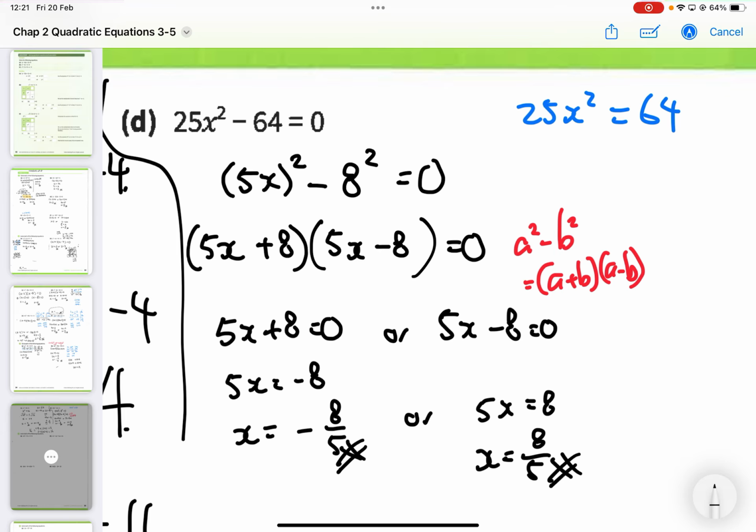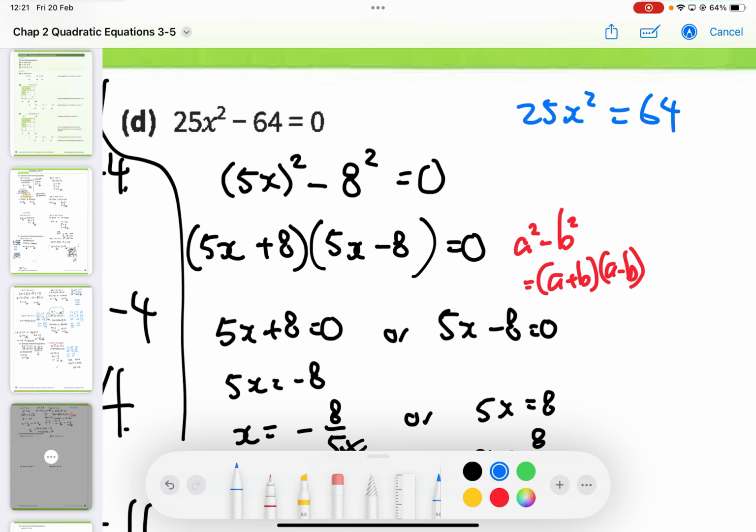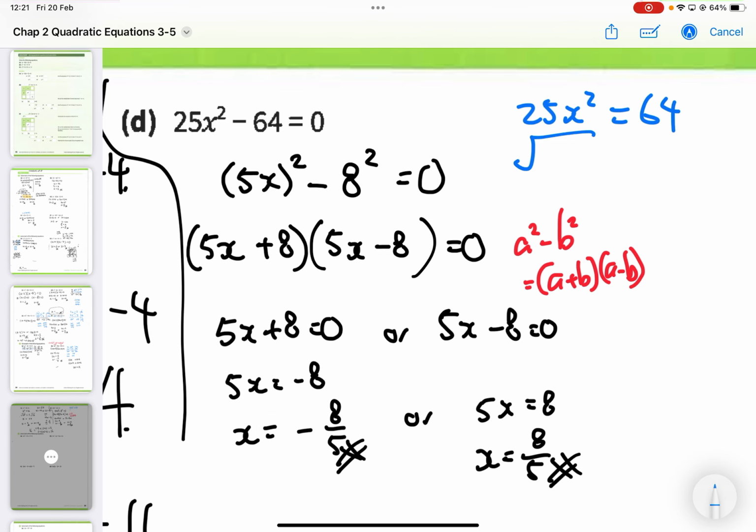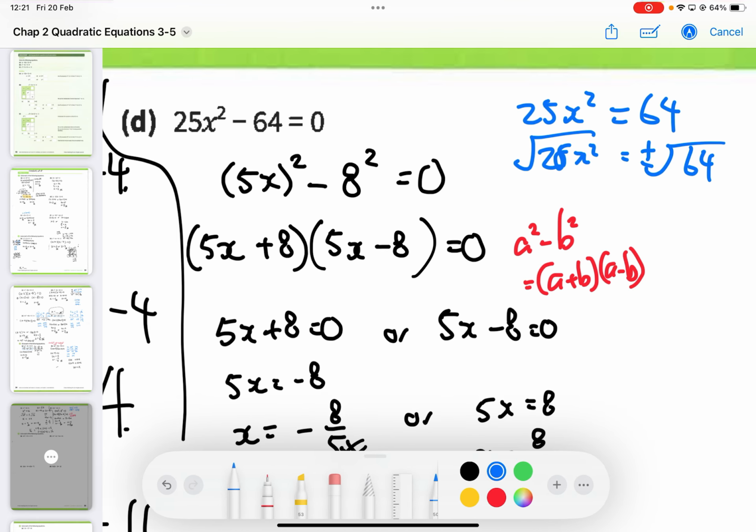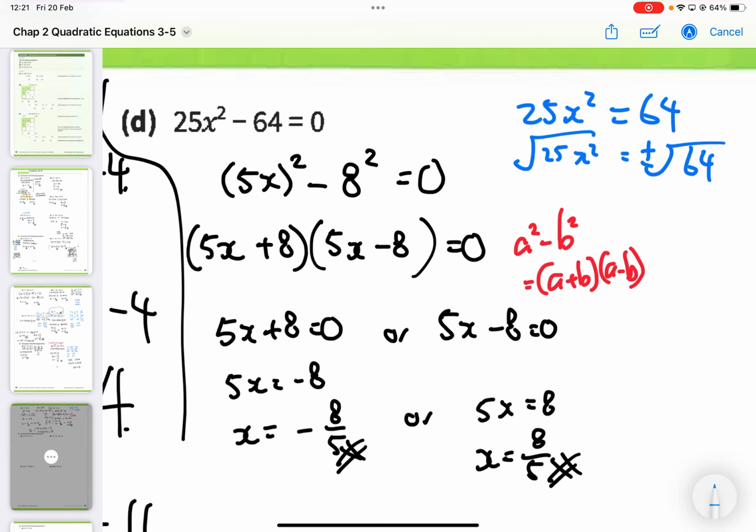Then the other way is, just now if I bring the 64 across, I square root both sides, then add the plus minus. I show you both because I want you to see that they will end up having the same answer.